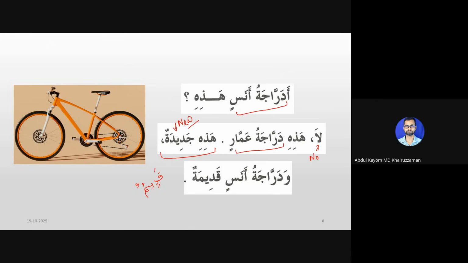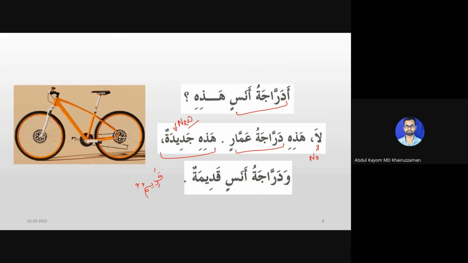Suppose we say al qalamu qadimun, the pen is old. Pen is masculine, so we use qadimun. But daraja is feminine, so we use darajatu anasin qadimatun, and Anas's bicycle is old.